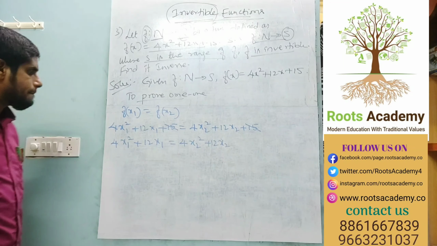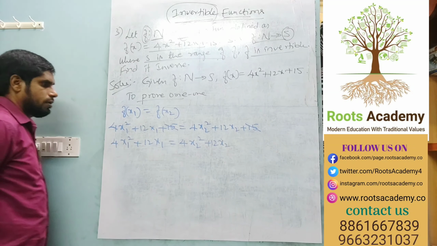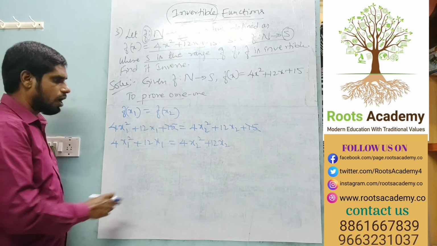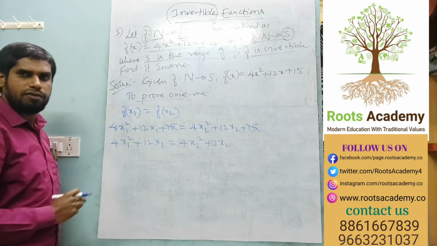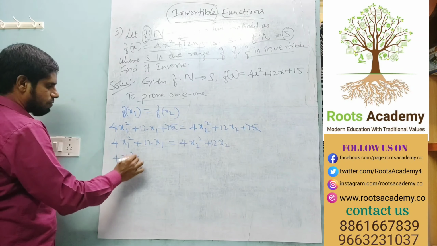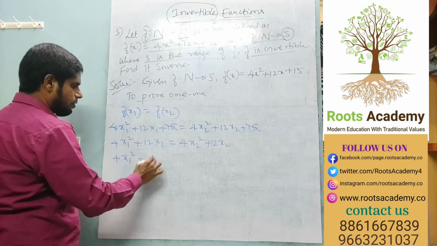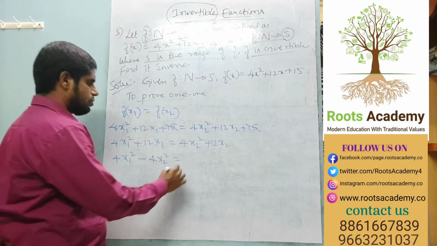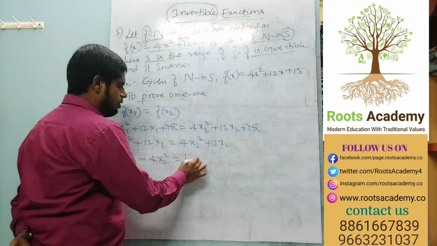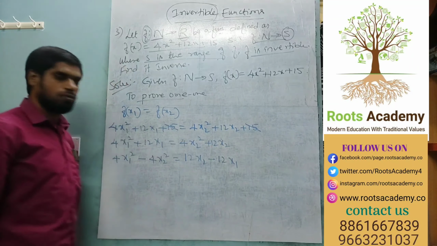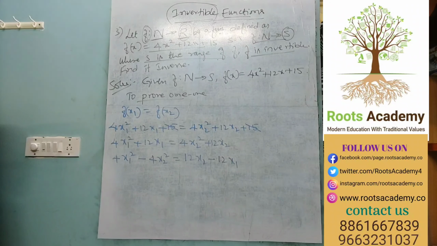Now student, here all the square terms I will take to one side, so that becomes 4x1 square minus 4x2 square is equal to 12x2 minus 12x1.